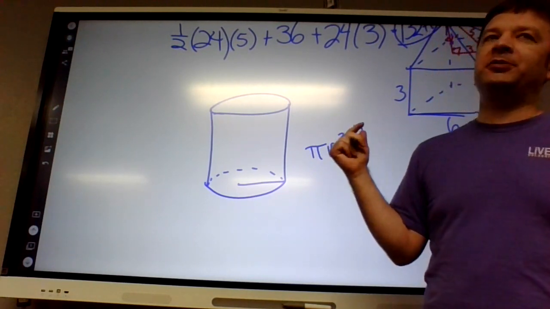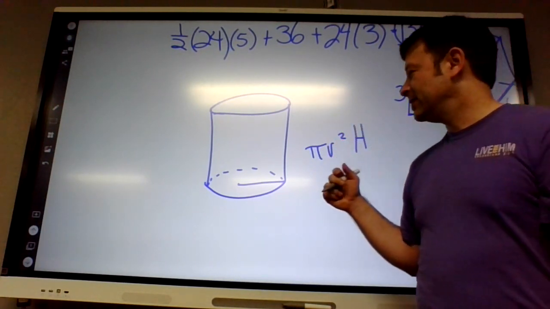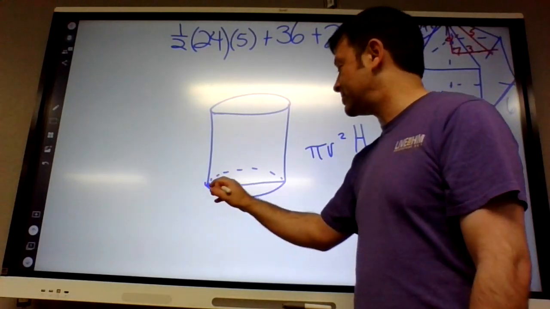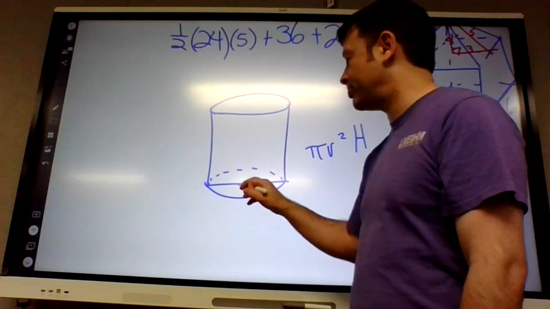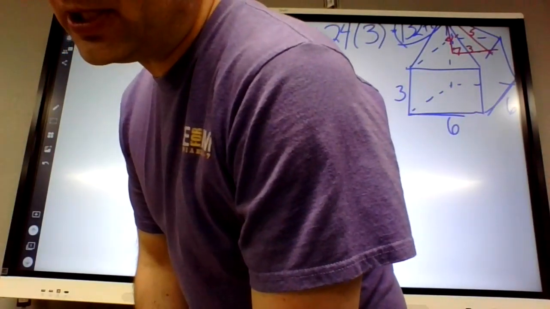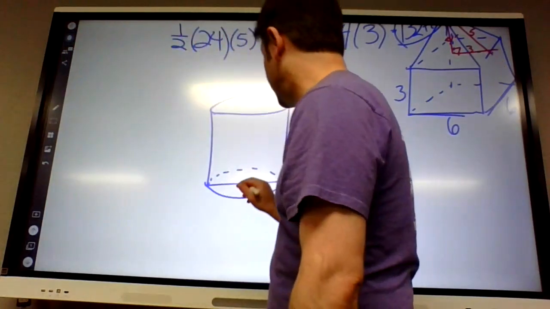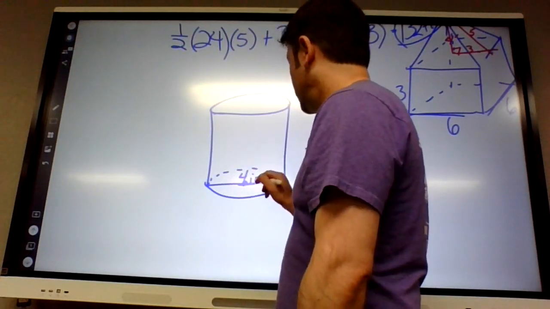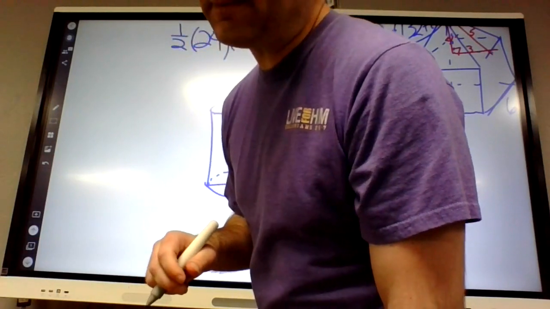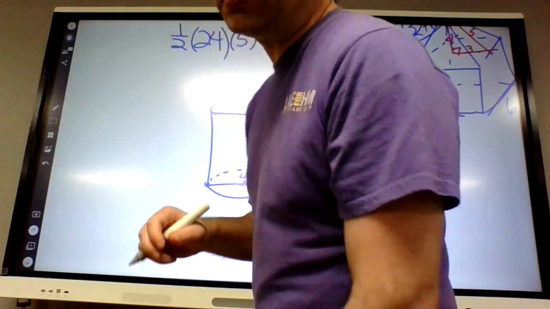Yeah, remember volumes are kind of easier. So that's how you do it, but it doesn't tell us the radius, it tells us the bore, which means the diameter is 4 inches. And the stroke is the height of the cylinder, 3.482.